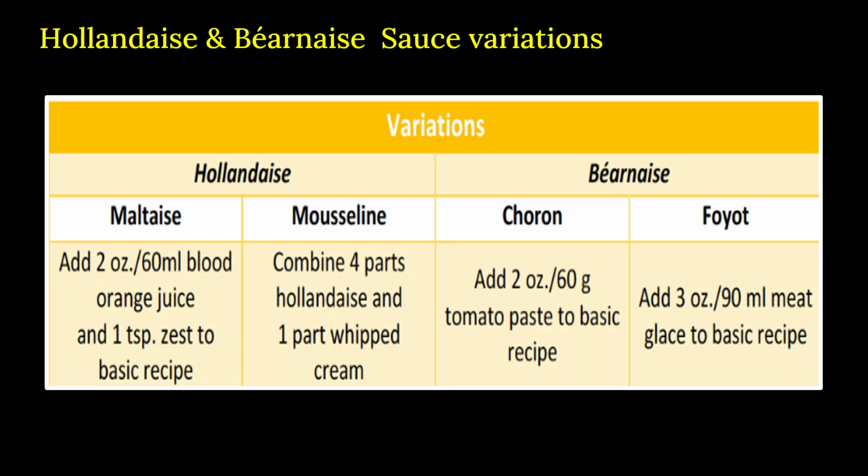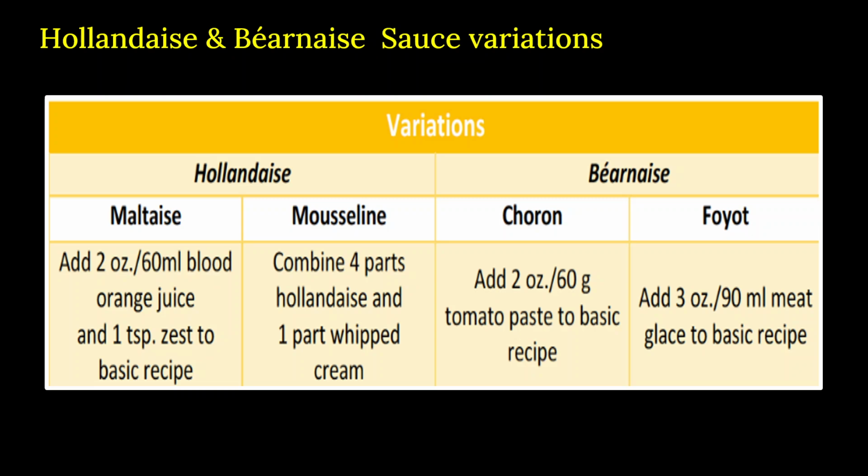Another one is the mousseline sauce, which combines 4 parts of Hollandaise and 1 part of whipped cream. Ultimately, the sauce that results is known as the mousseline sauce. In the case of Bearnaise sauce, Choron, where we add 60 grams of tomato paste to the basic recipe.